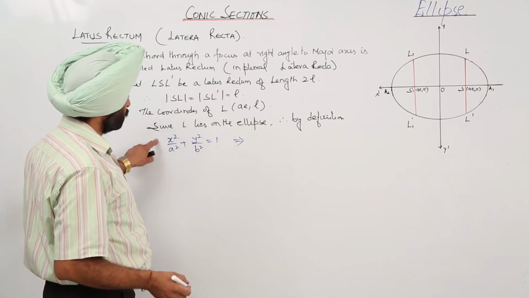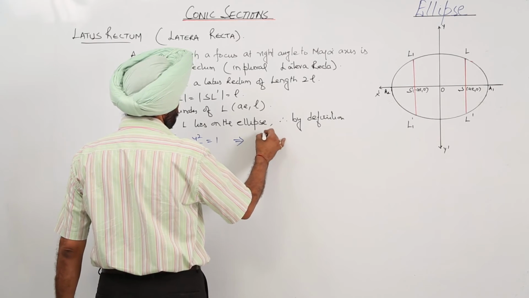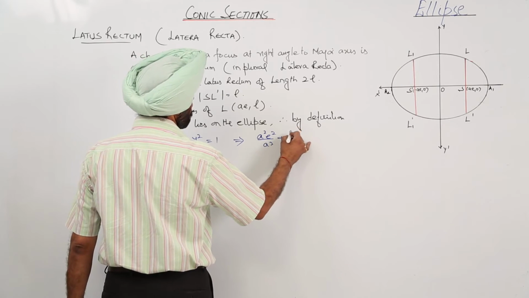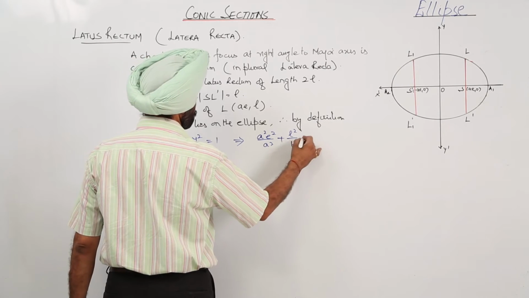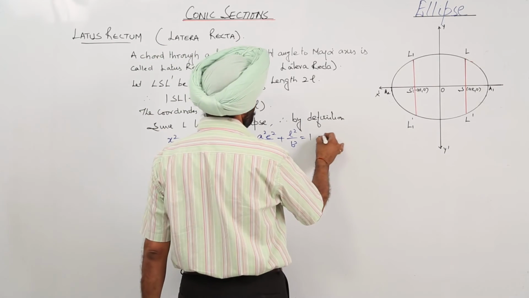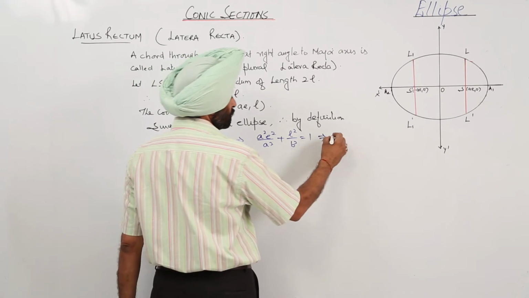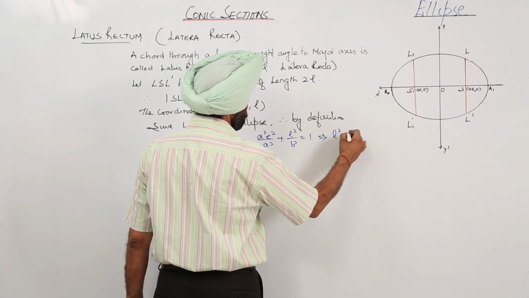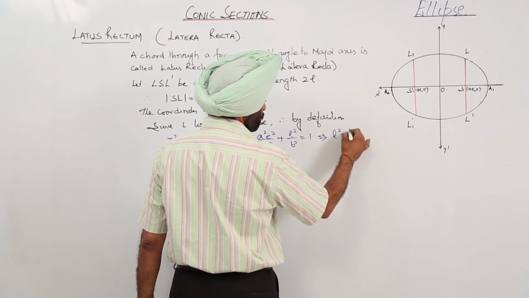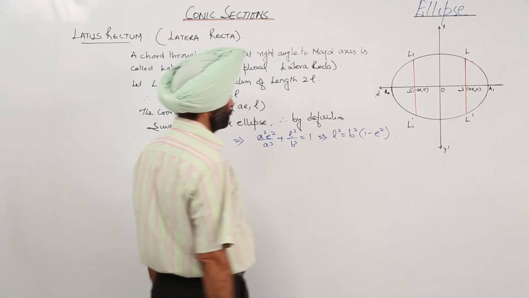Now coordinates of x is AE and coordinates of y is L. So we are having a square e square upon a square plus L square upon b square is equal to 1. And further here a square and a square cancel, we are left with only e square. So what we are having, L square is equal to, now this e square goes that side, b square times 1 minus e square.